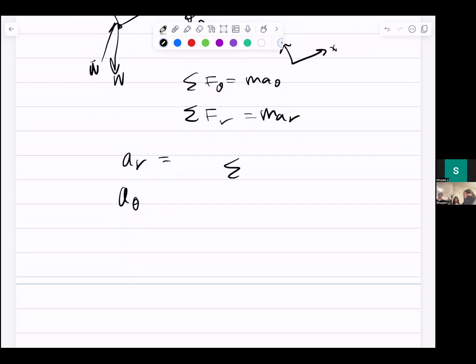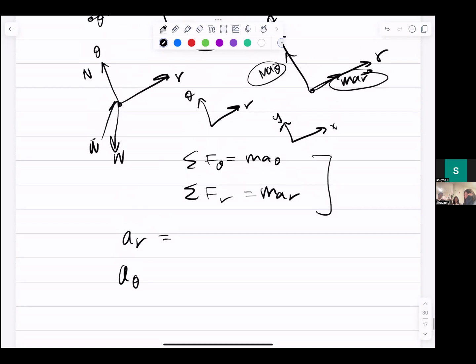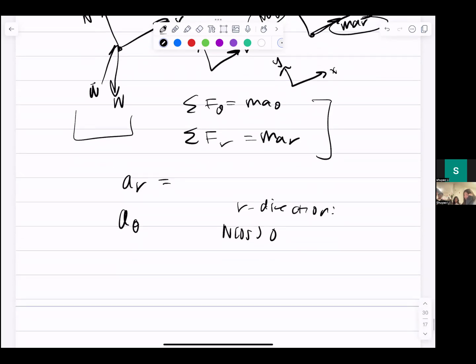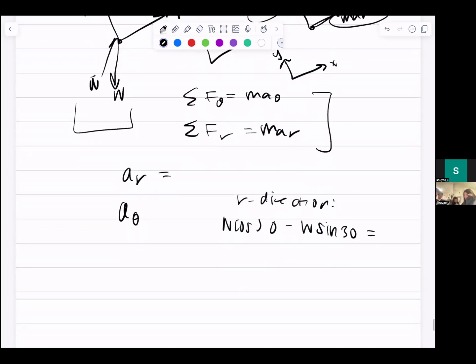So when we set up our equations to solve, these are the general formulas. From this free body diagram, we know that in the r direction, we have N cosine 30 because there's an angle of 30 there, minus the weight times sine 30, equals the mass times the acceleration above.